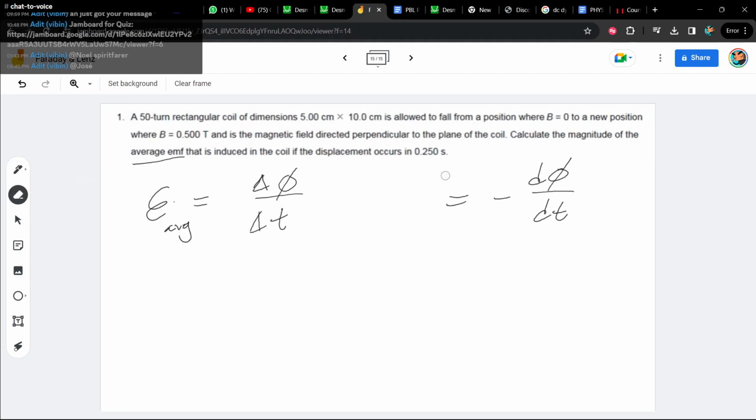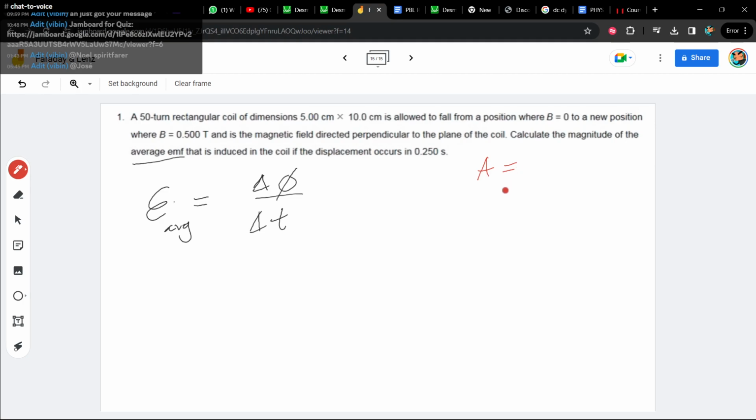So going on from that, a 50-turn rectangular coil, dimensions 5 times 10 cm. If we have a 50-turn rectangular coil, how would the 50-turn part matter?